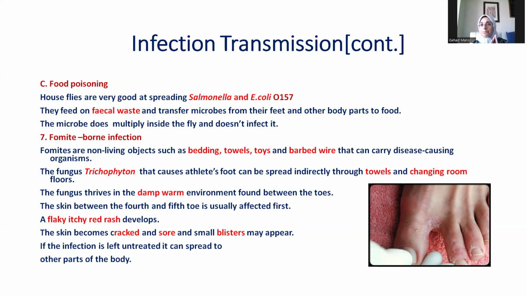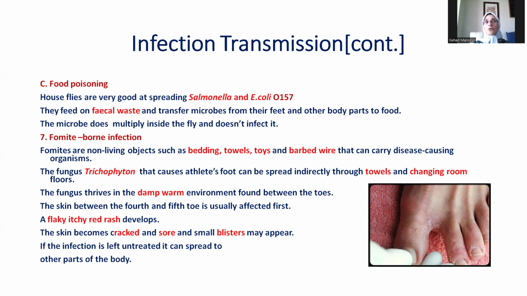But the organisms still succeed in attaching themselves to the fomites because of the gluey substance they secrete. So beddings, for example, towels, toys, barbed wires, countertops, doorknobs, all these are fomites that can transfer infection.